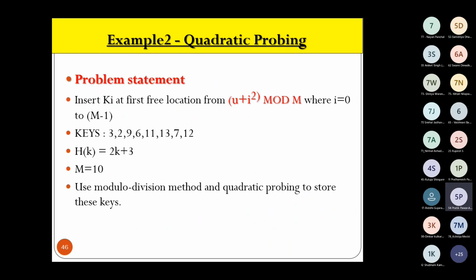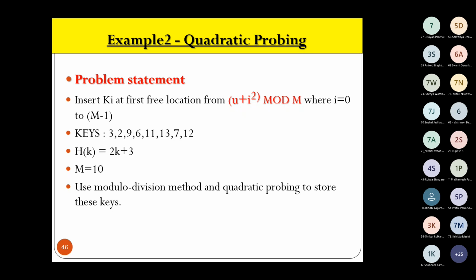So let us take this example. Insert k at the first free location from u plus i square mod m. What is u? Some location which you get directly through the hash function. If that location is not free, then you do that location plus i square mod m.